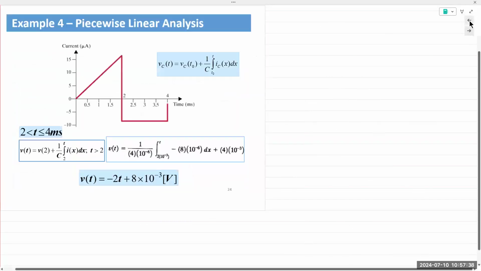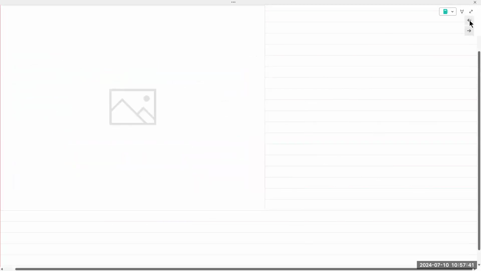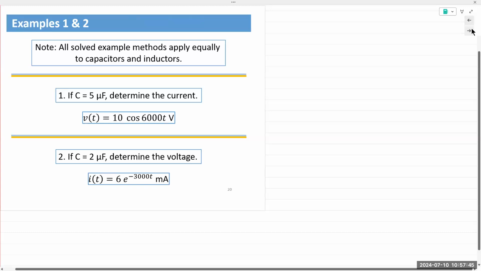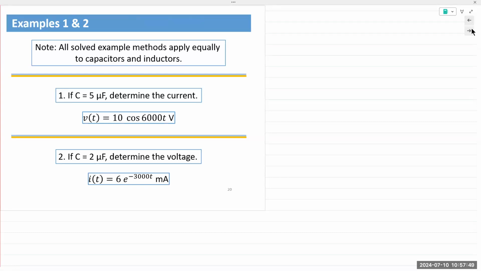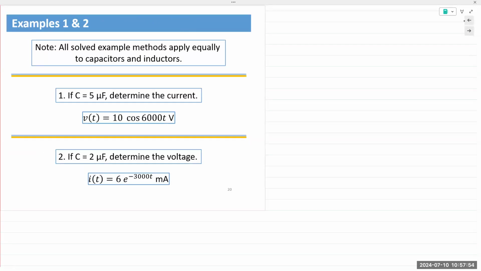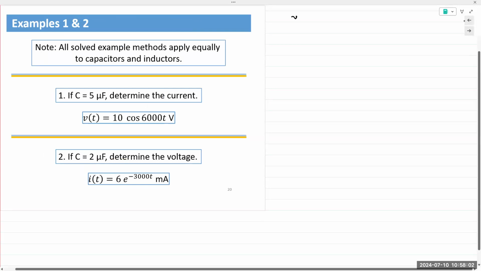So having said that, let's look at these examples. I have 4 examples here. In these 4 examples everything uses a capacitor, but the examples would apply equally to both capacitors as well as inductors. So for example, we have voltage for a capacitor given, and we'll be asked to find capacitor current.